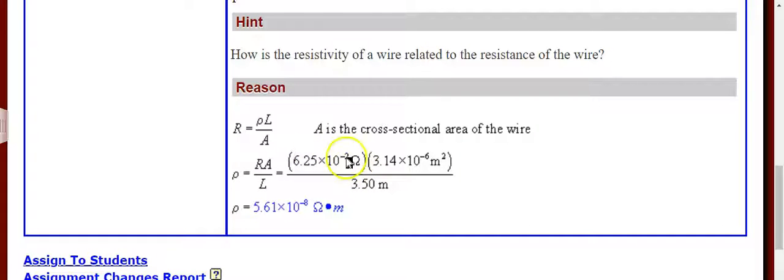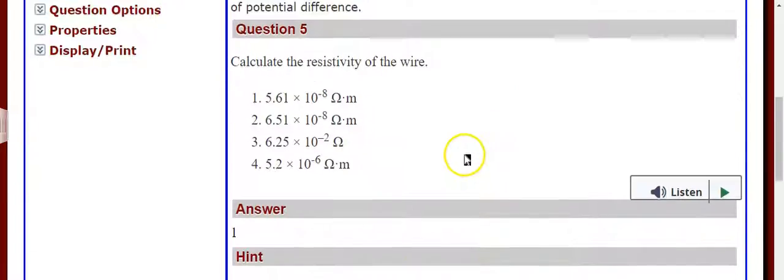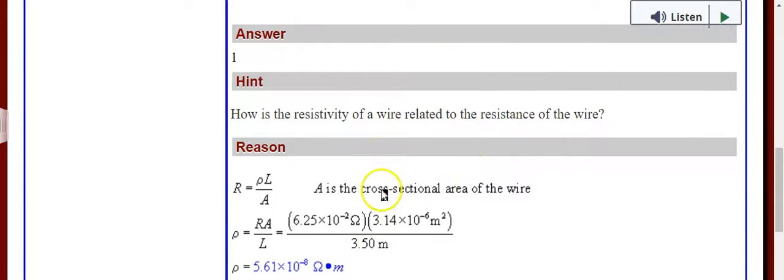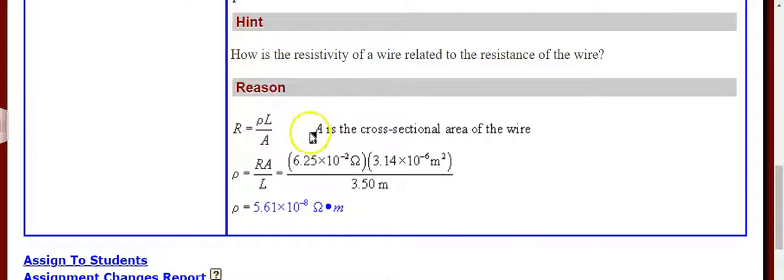And so that's where this number comes from. Then you have 3.14 times 10 to the negative 6 meters squared, which is given in the problem, divided by a length of 3.5 meters given in the problem. And you plug these numbers in, you compute, and you get 5.61 times 10 to the negative 8 ohm meters.